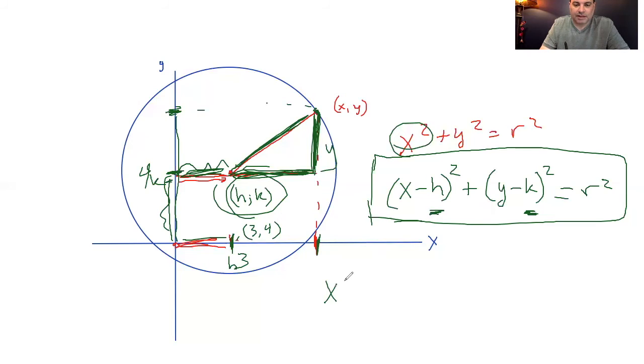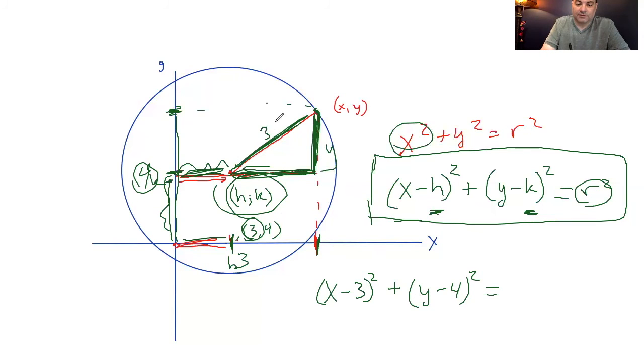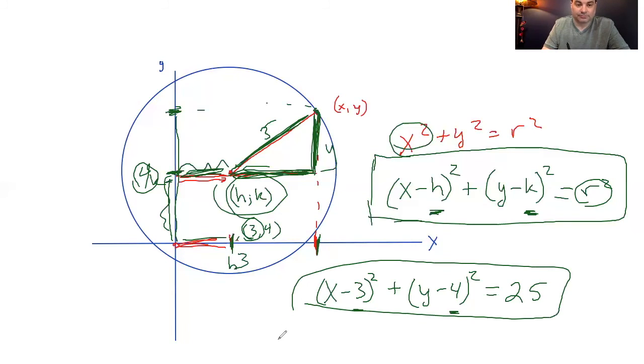So my equation of that circle would be x minus the x value of my center, which is 3, squared, plus y minus the y value of my center, which is 4 in this case, squared, equals r squared. If my radius is 5, then it'd be 5 squared, which is 25. So if my center is at positive 3, positive 4, this is the equation of that circle.